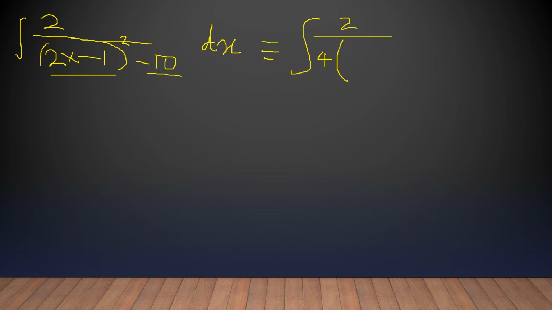So we'll have 2, we'll have x now, then minus 1 over 2, because you have removed 2, because half times 2 we get 1.